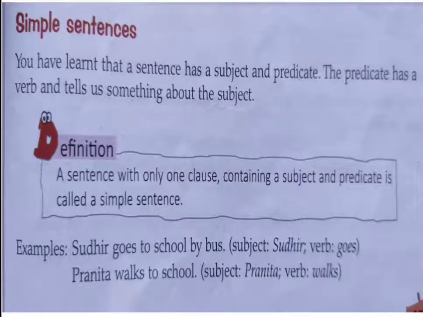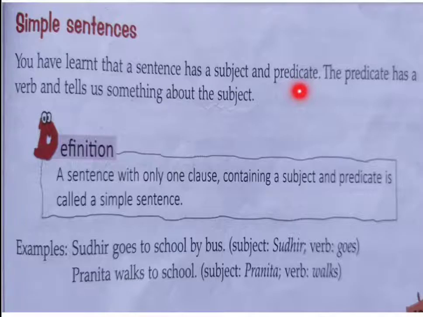I told you before that we learned this in chapter number 14, Elements of a Sentence. There we learned that a sentence means a group of words which makes complete sense, and that in a sentence there will be subject and predicate.